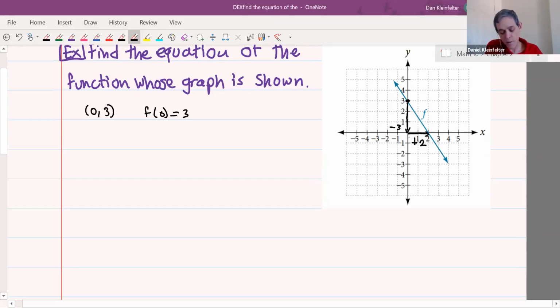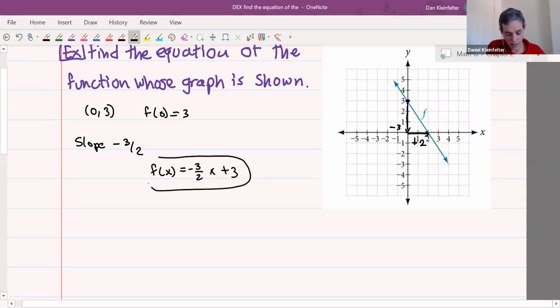Right? So the y change will be -3, the x change 2. So the slope looks like it's -3/2. So then f of x will be -3/2 x plus 3. Okay, and that's the equation of our line.